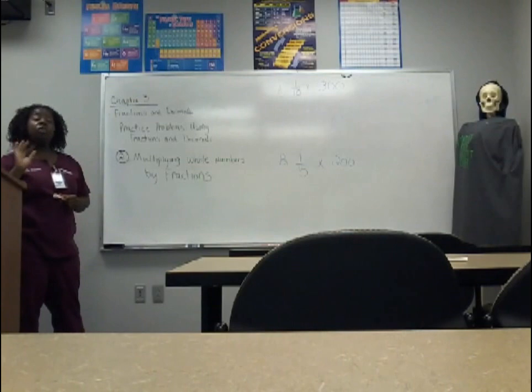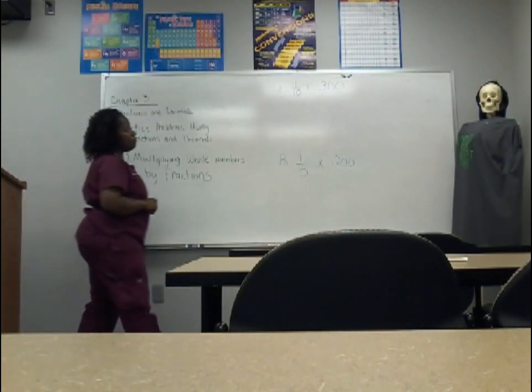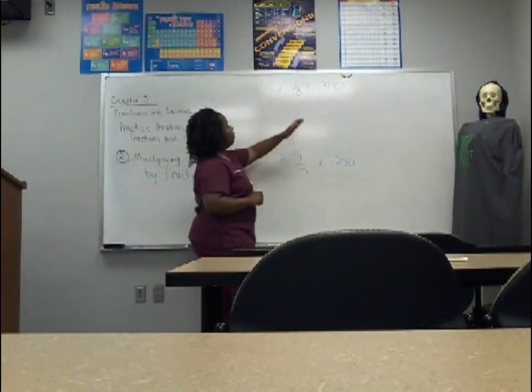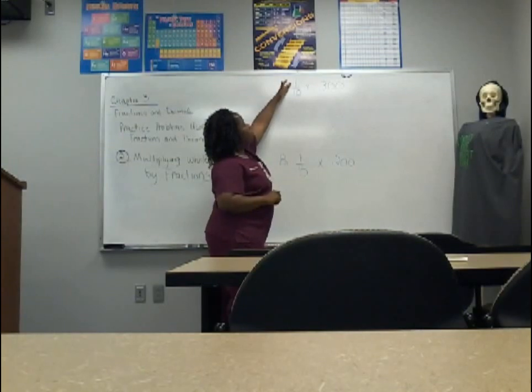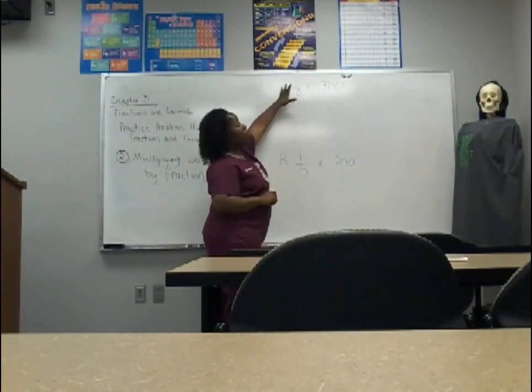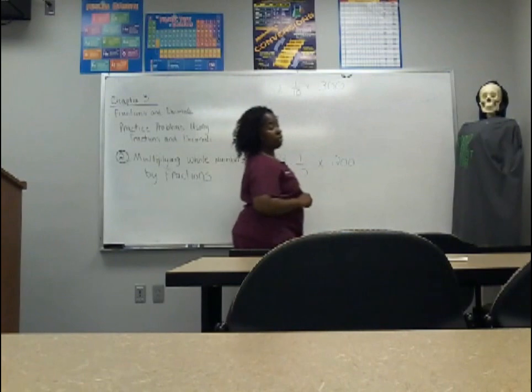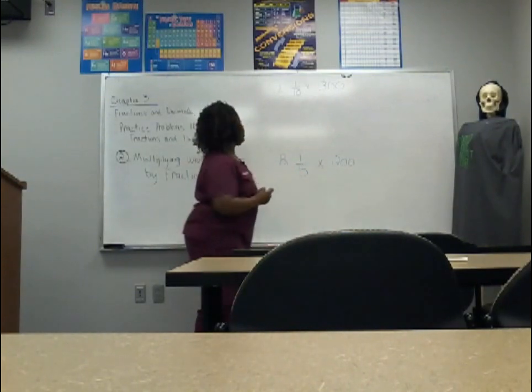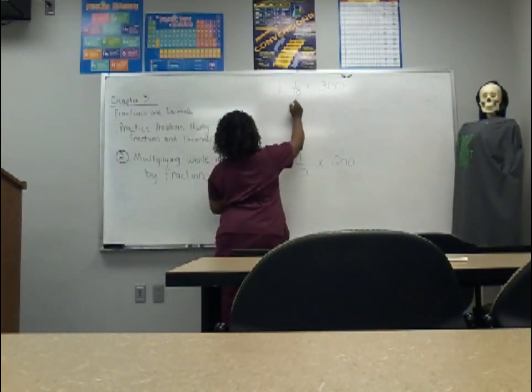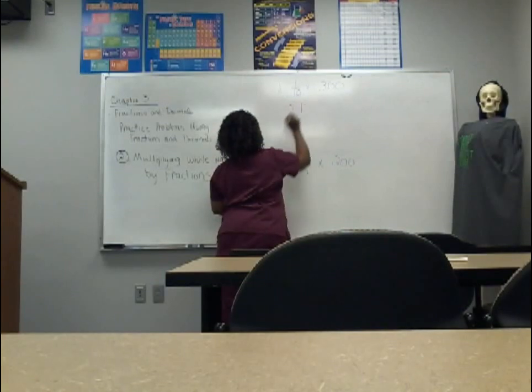Now, you could do this a couple of ways. We can simply divide 1 by 10, then times it by 300. 1 divided by 10 is simply 0.1.